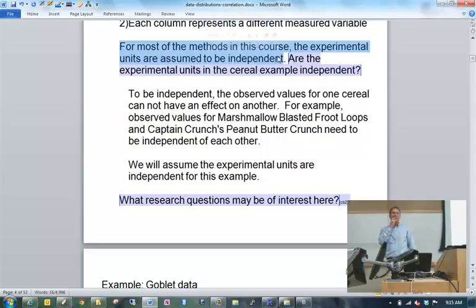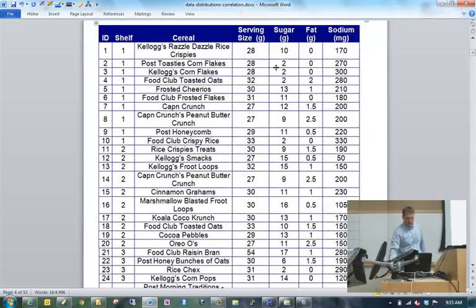I hear some no's. I'm going to say no. Here's why. Let's go back to the data. We have a Kellogg's here. Oh, look, we also have another Kellogg's there. So it's made by the same manufacturer, so they might have the same kinds of practices of how they make these kinds of cereals.